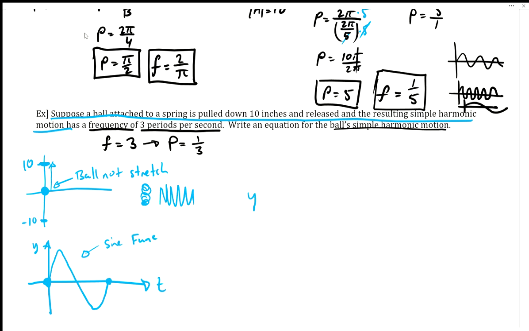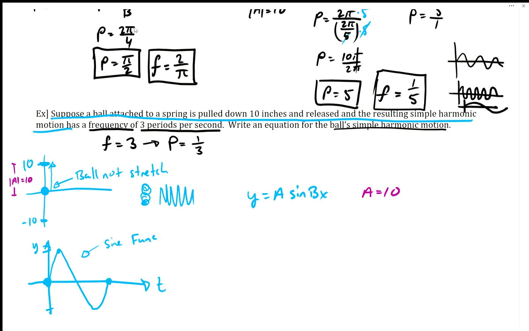I'm still using y equals a sine of bx to get the rest of this equation down. We already have a, so our a is 10. This length right here is the amplitude, and because it's not reflected, we know regular a is 10.